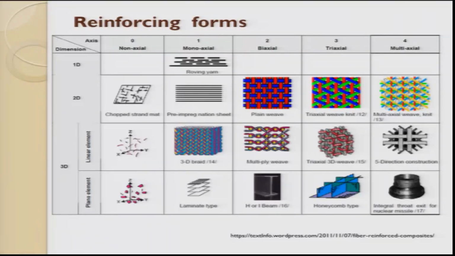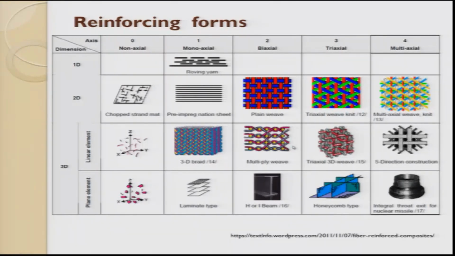This is called a 3D braid. You completely make a preform of the required product and then you infuse resin to make a composite material. The advantage is it has very high strength and it also has the proper reinforcement at the required spot.